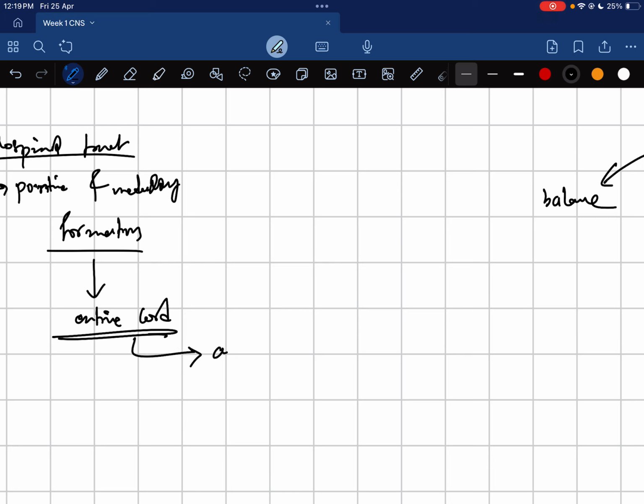Its function is automatic posture and gait related movement.